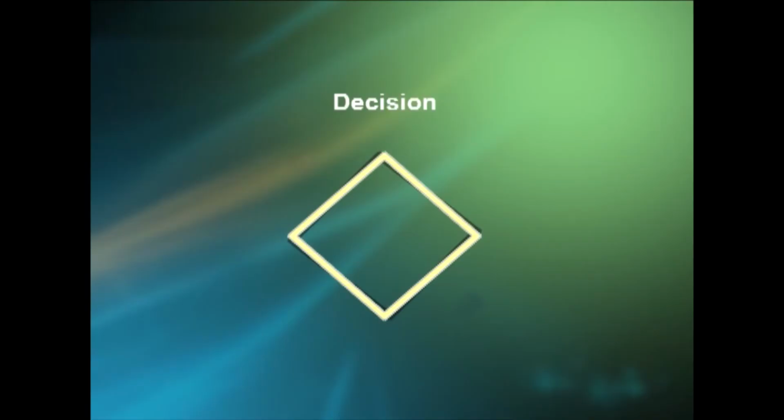Decision symbol. A diamond indicates a decision, used to represent a question in a flowchart. Decision symbols have a single point of entry, but many have multiple exits. The exit is determined by the answer to the question and separated by different arrows coming out of the diamond.